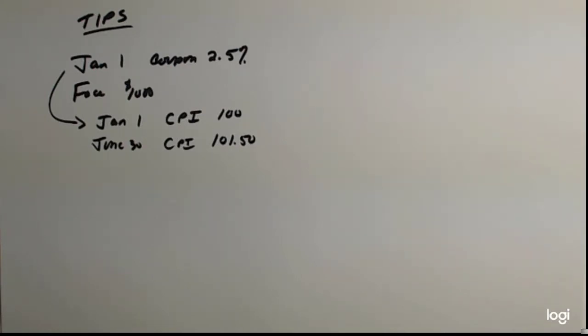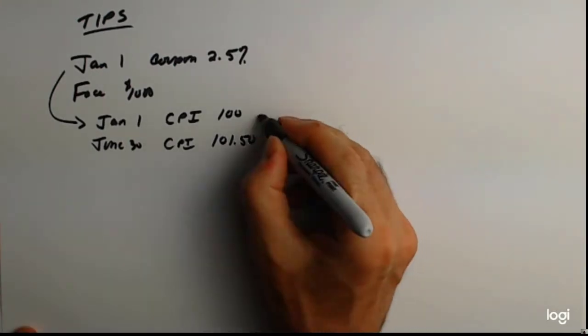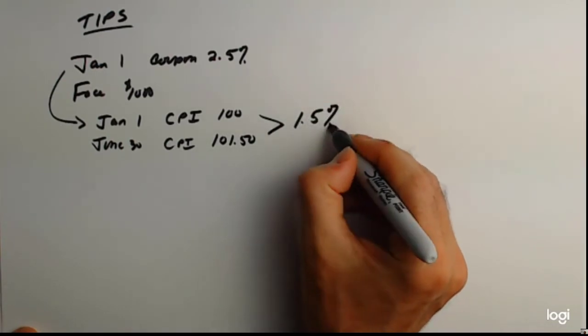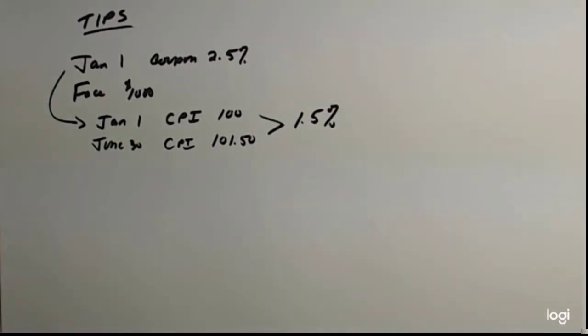Nothing changed except the prices. Let's say when they check out, the price of those goods is $101.50. That difference implies an inflation rate of 1.5%.